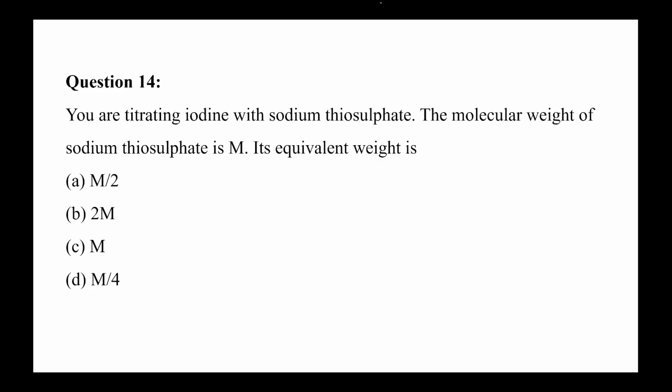Moving on to the next question now, question number 14. You are titrating iodine with sodium thiosulfate. The molecular weight of sodium thiosulfate is M. What would be the equivalent weight of sodium thiosulfate?